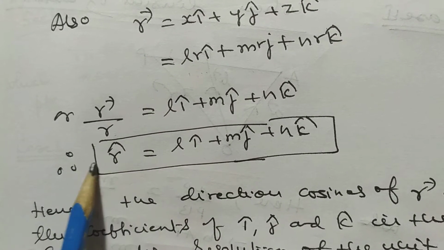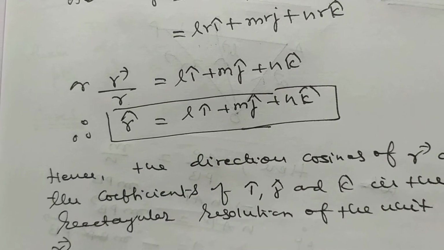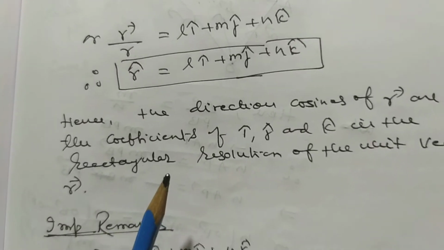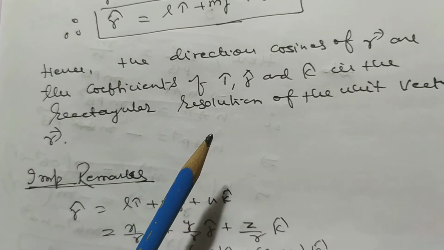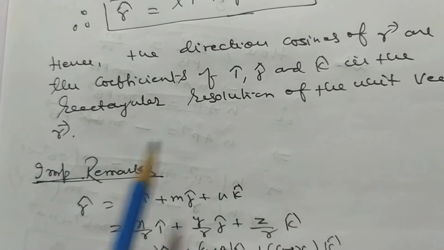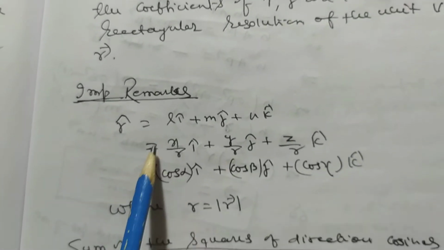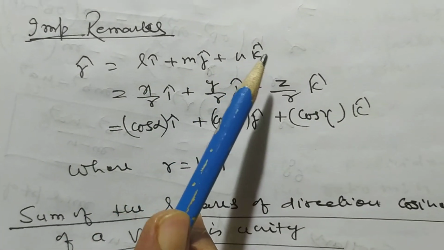We get the unit vector Li plus Mj plus Nk. Hence, the direction cosines of R are the coefficients of i, j and k in the rectangular resolution of the unit vector R. Now, unit vector R is Li plus Mj plus Nk.